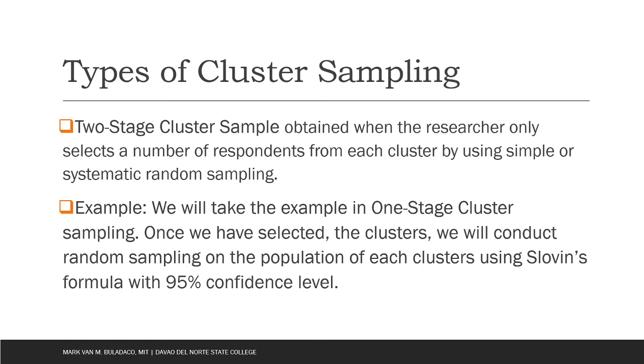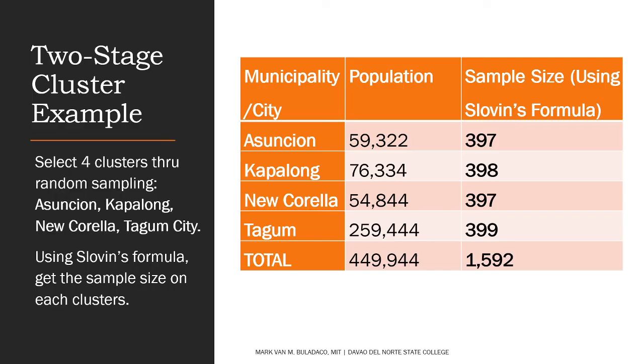So we will take our example in the 1-stage cluster sampling. Once we have selected the clusters, we will conduct random sampling on the population of each cluster using Slovin's formula with a 95% confidence level. That means our margin of error is 0.05.